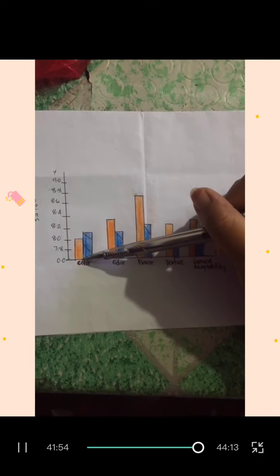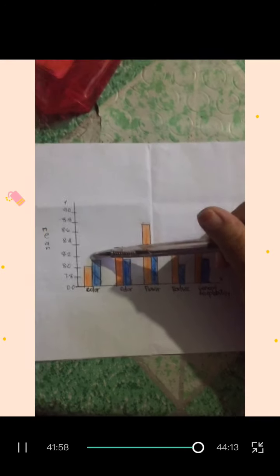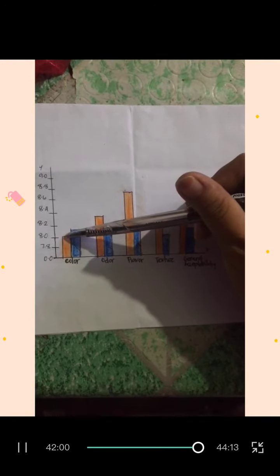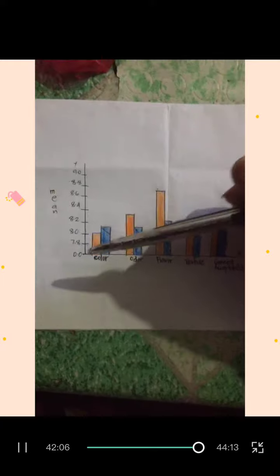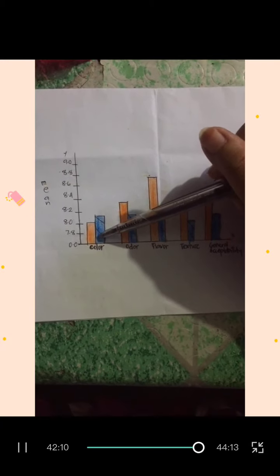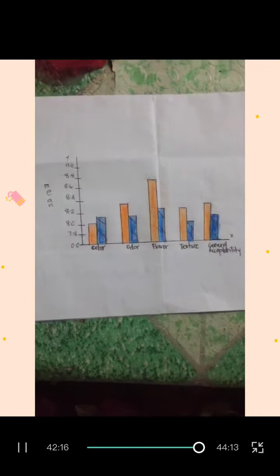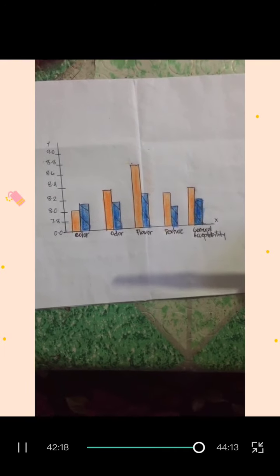The mean X1 of color is 8.0, so we need to go up to 8.0 to make a bar. For the mean X2 of color we have 8.1, so we're going to go up to 8.1 to make a bar. Okay, let's proceed to another example.